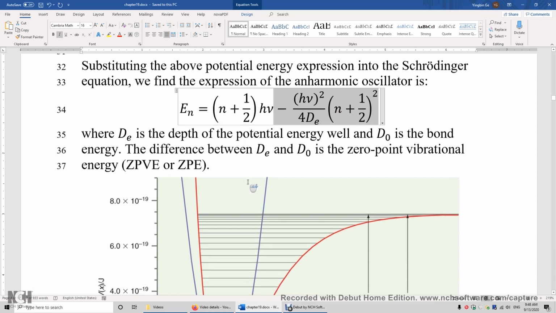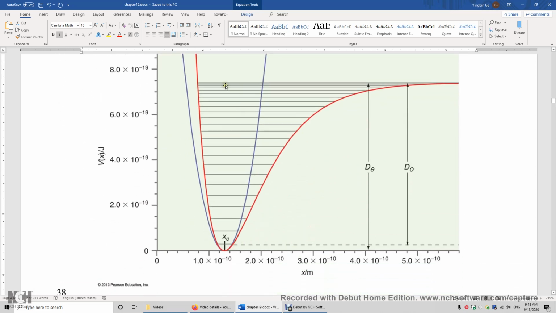I want to show you the picture of it. So this red line is the actual potential energy surface of a diatomic molecule. And this blue curve is the quadratic function half kx squared. So this is quadratic, harmonic. The red one is anharmonic. The red curve is realistic.